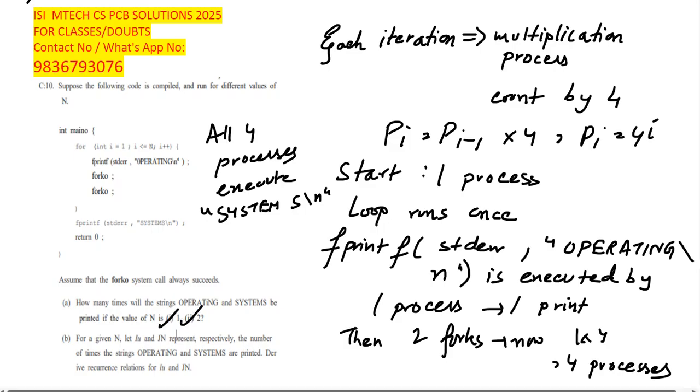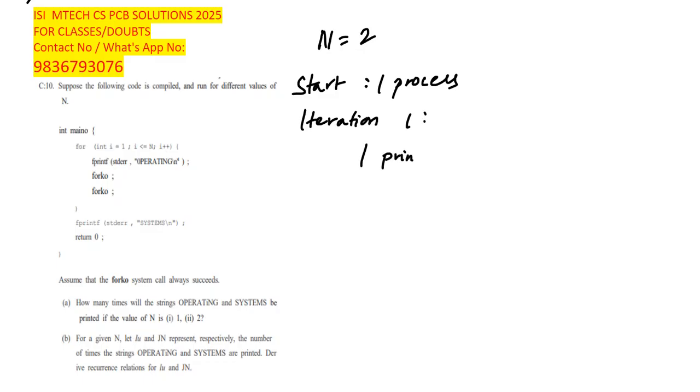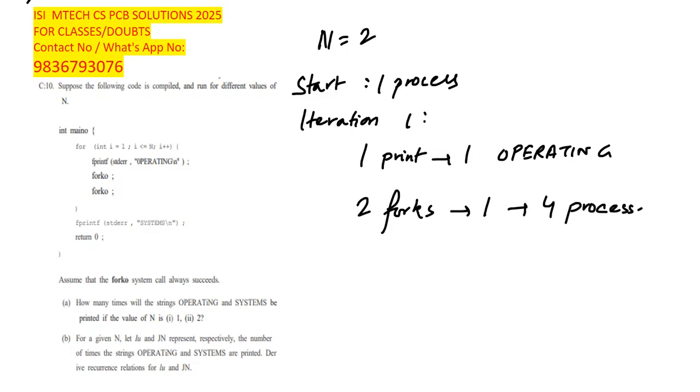Now when n is equal to 2, we start with one process. In iteration 1, one print means one "operating". Then 2 forks, so it's 4 processes.